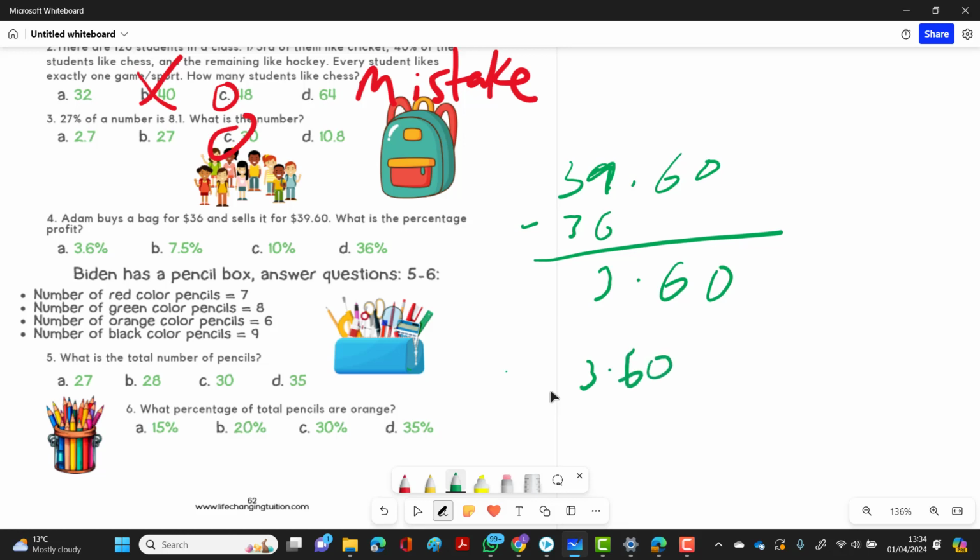That's the profit, and you put it over its original amount, which is 36, and you times it by 100.